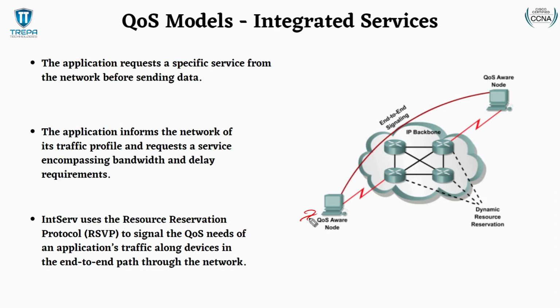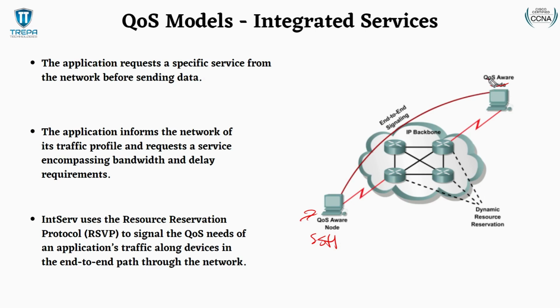But before I do it, I want you, using the RSVP protocol, to send to my other QoS-aware node and tell them, hey, we're going to do an SSH connection to each other, and I want a traffic profile applied to me. And the whole network will understand that, and it's going to give that end-to-end path and that quality of service for that application, whatever it may be. In this example, I said SSH, but it could be anything.